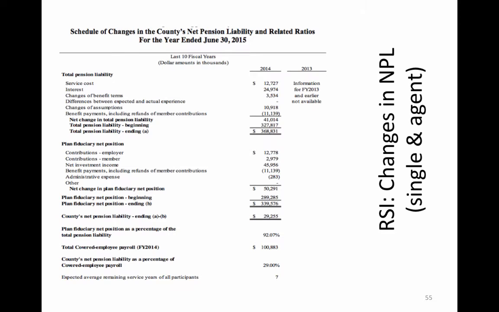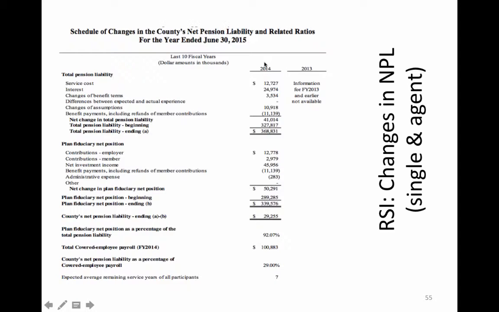The schedules that are presented as RSI, every government's going to present 2 of them. For governments in single and agent plans, they're going to ultimately present a 10-year schedule that shows that right-hand column from the note disclosure that shows changes in the pension liability. So you're seeing, here are the things that changed for 2015.